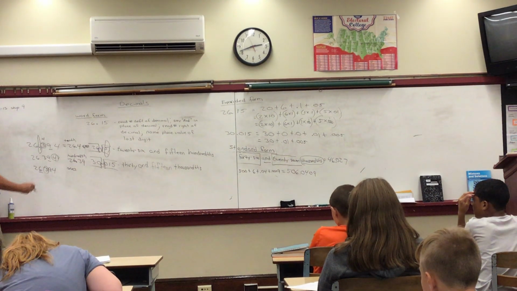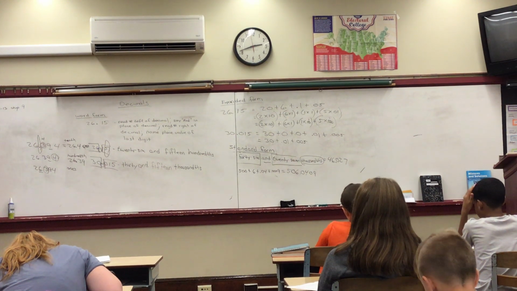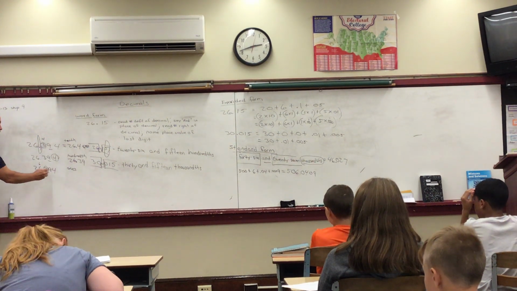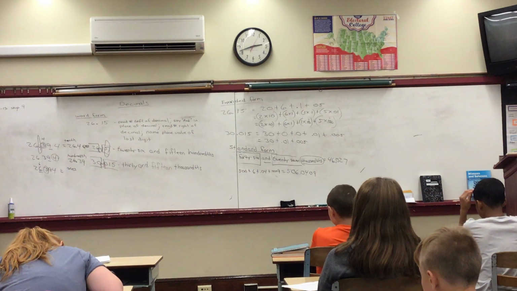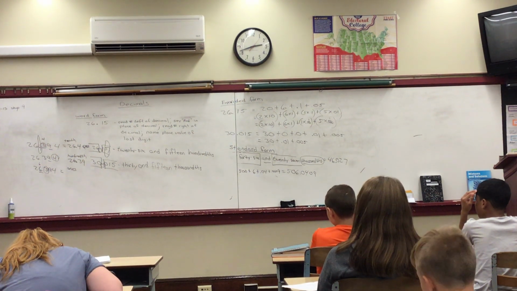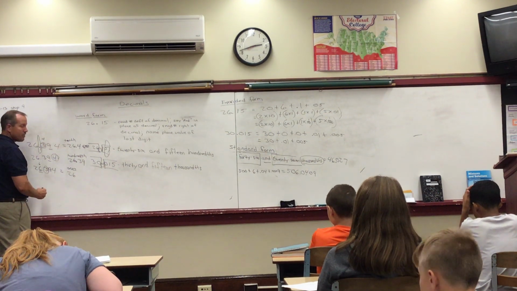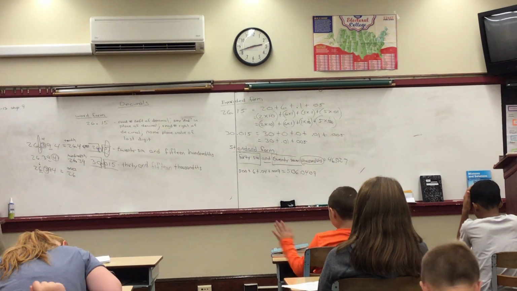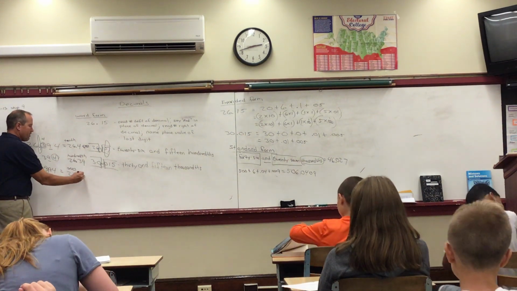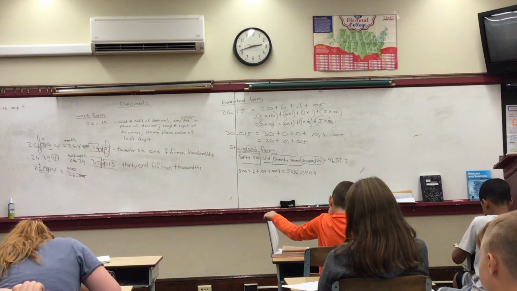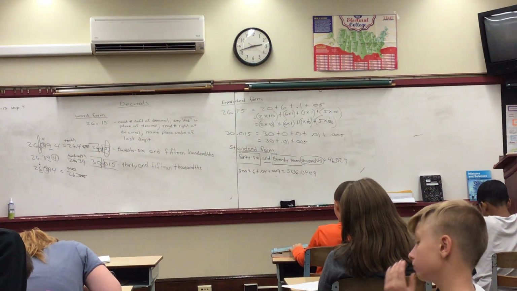What does the 3 tell us to do? Keep it the same. Stay the same. And so this is going to round to 26. We can just leave it as 26. We don't need to put the decimal and the zeros. We can get rid of that. That doesn't change the place value of the other digits. Okay? Question about that?